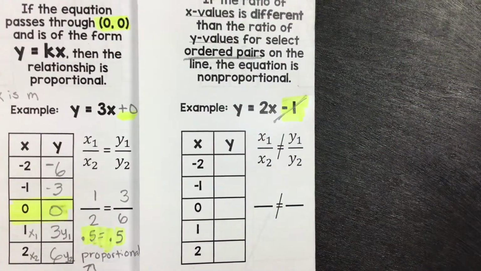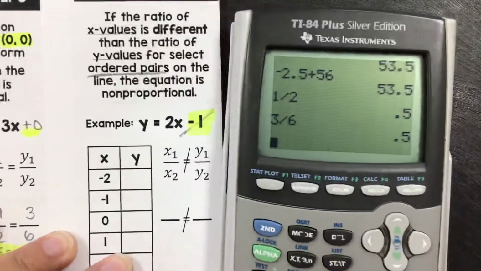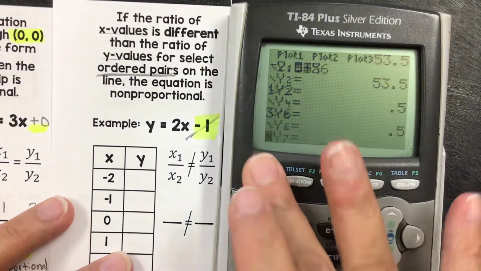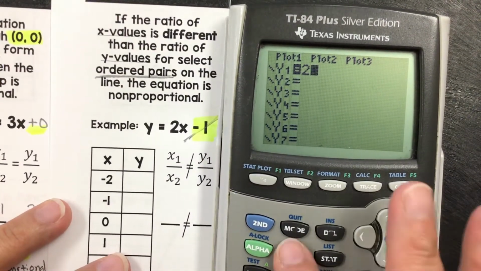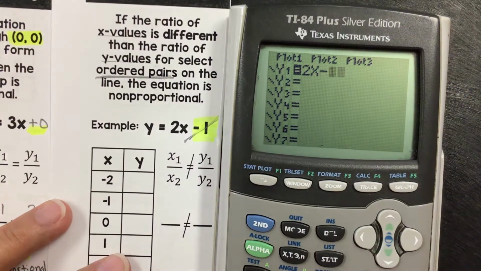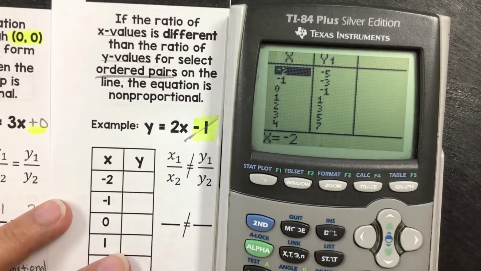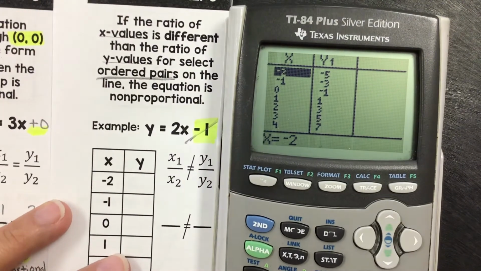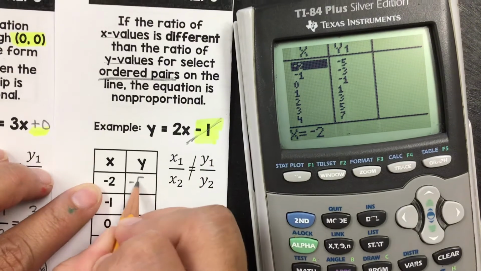We already know, but let's take a look at our table of values. To get the table of values again, we're going to go to the y equals and say 2x minus 1, and then hit second graph and go to the table. At the negative 2, it says negative 5.